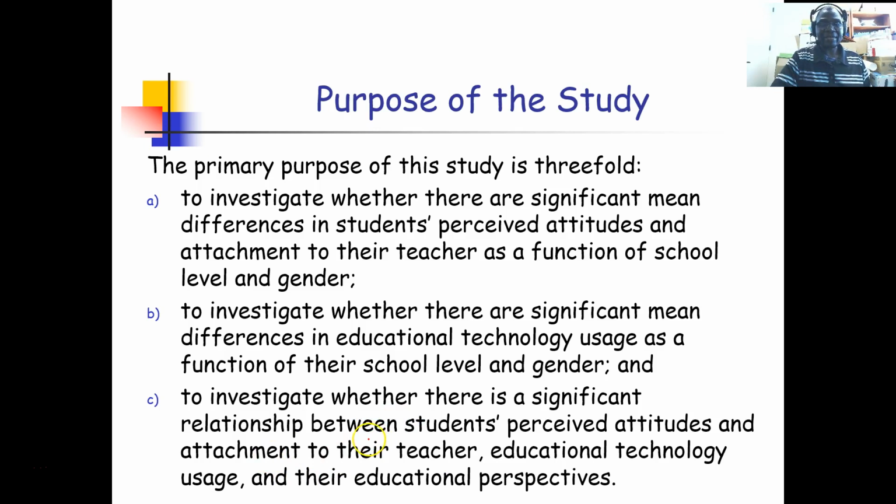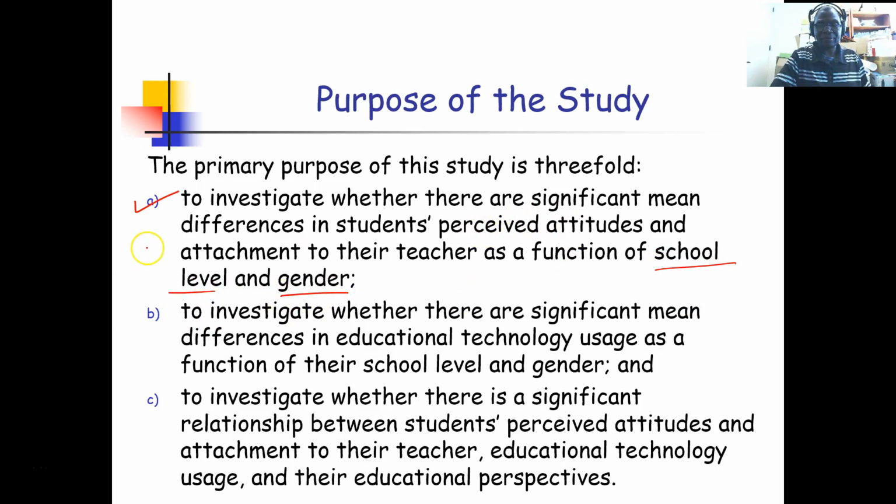We have three primary purposes. One of them is to investigate whether there are significant mean differences in students' perceived attitudes and attachment to their teacher as a function of school level and gender.